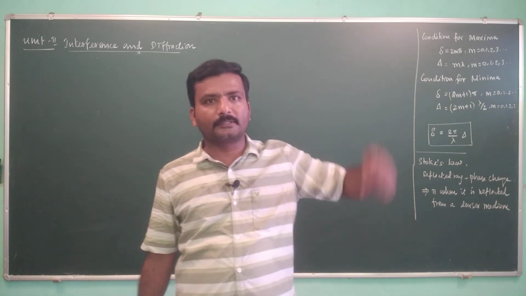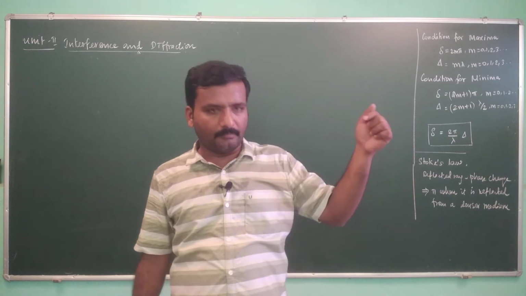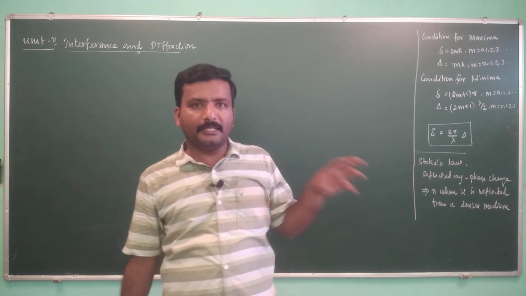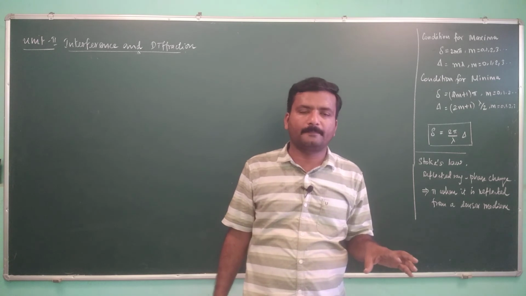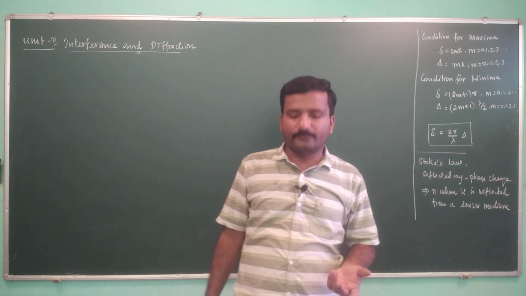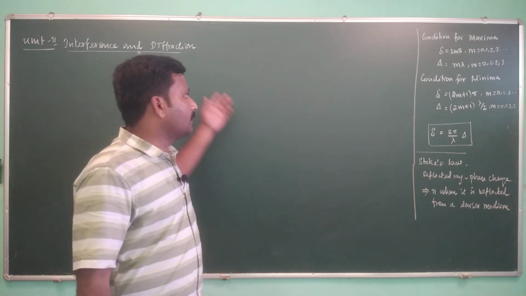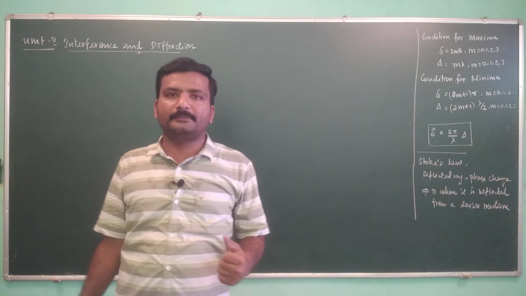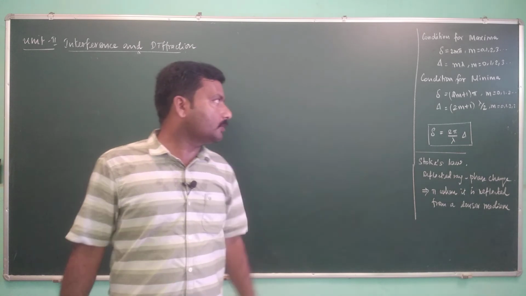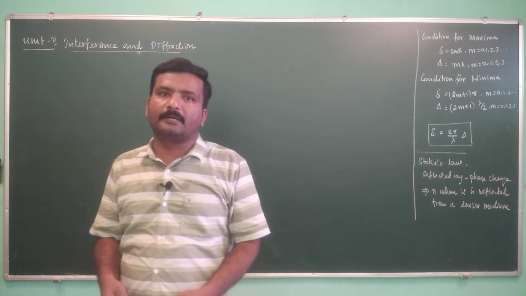When white light is made to be incident on this, it will create multiple colors, right? How does it occur? This can be explained using the phenomenon of interference and the concepts of the condition for maxima, minima and Stokes' law.